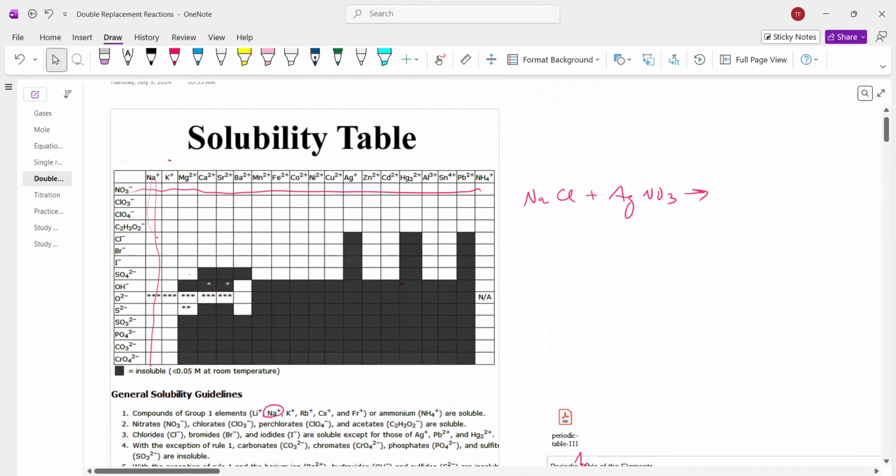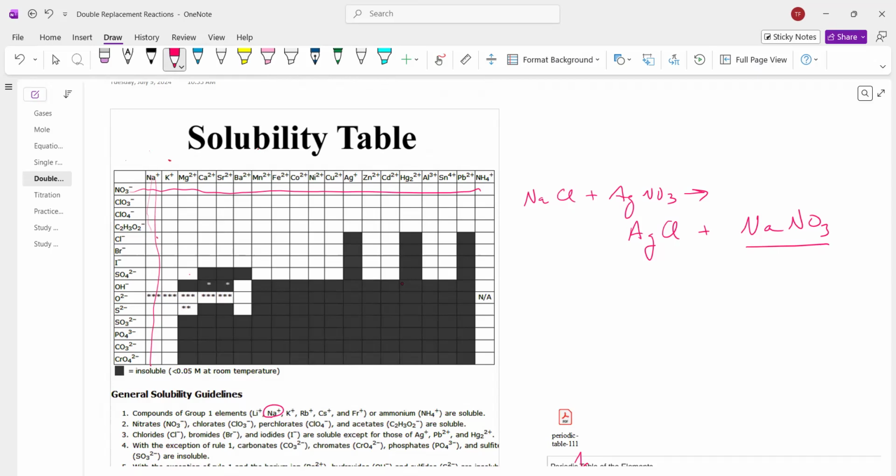The question now is, what happens with that? Does that form a solid black square, yes or no? Well, first of all, sodium is always white. Nitrate is always white, so that does not form a solid. So that stays clear and colorless.